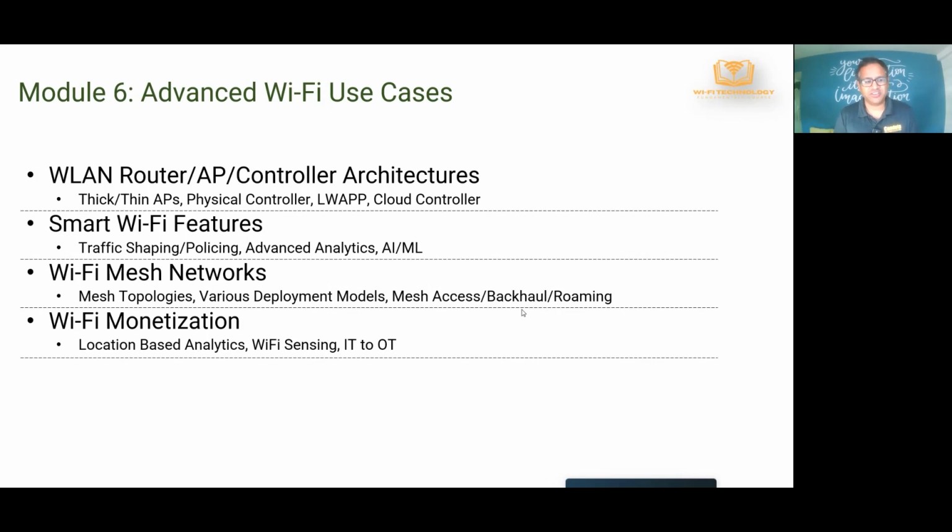Some really cool things to talk about in that session, of how Wi-Fi can not just provide network access, but in many ways optimize business operations and really provide very good ROI for the companies that are deploying Wi-Fi networks. So we're going to talk about that in that session.